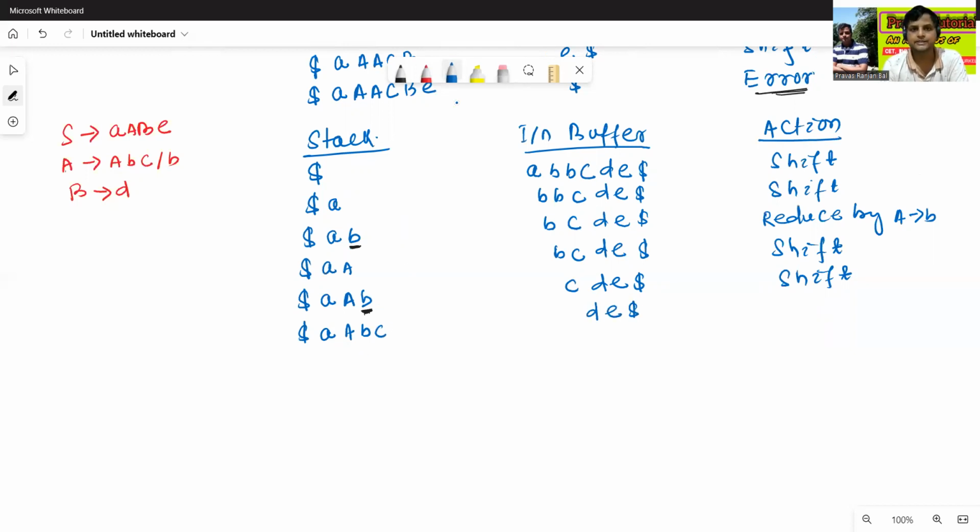Is there any handle possible? Yes, one handle is possible: A2, ABC.